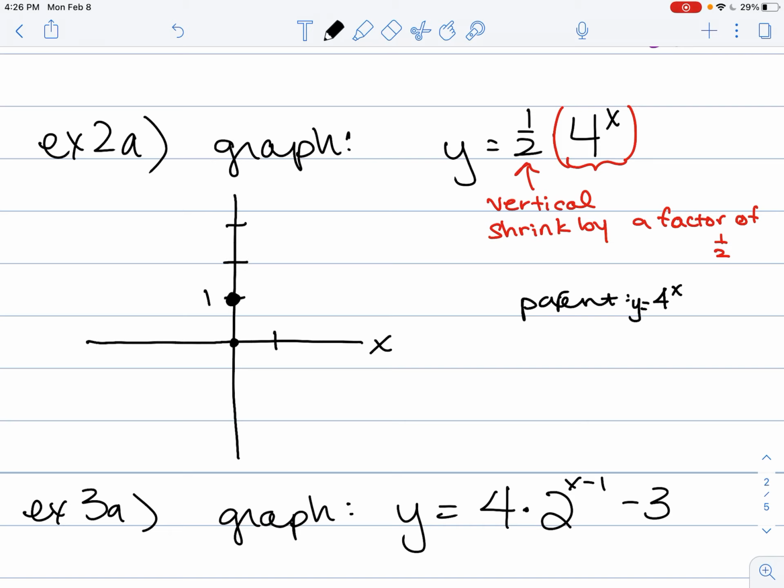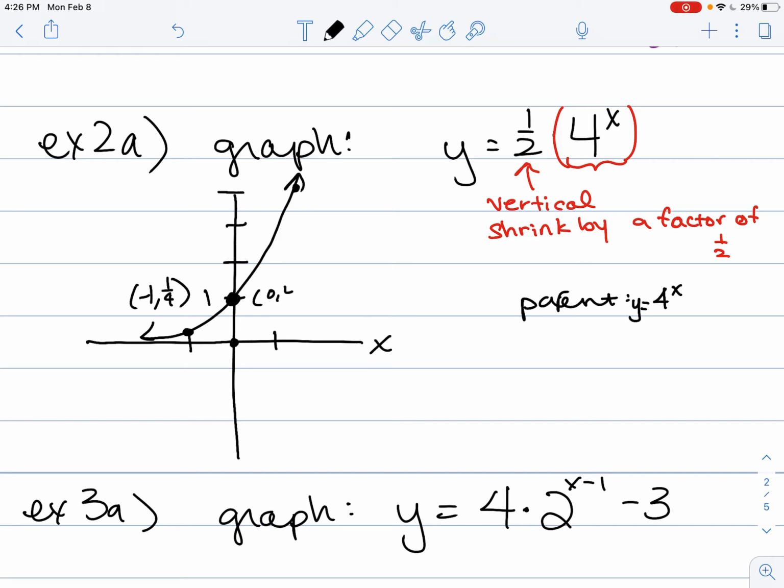So 2, 3, 4. If I put at x equals -1, that's 4 to the -1 is 1/4, and so on. So we've got that graph.